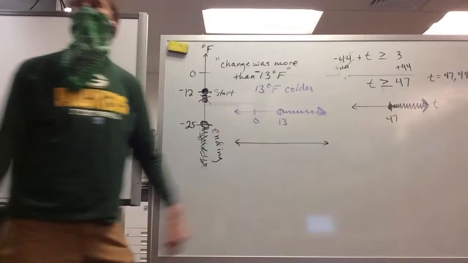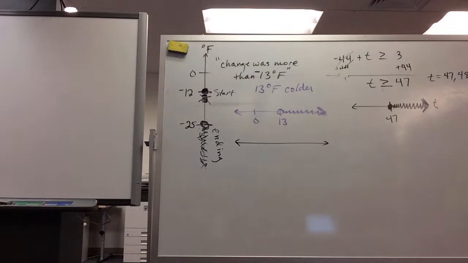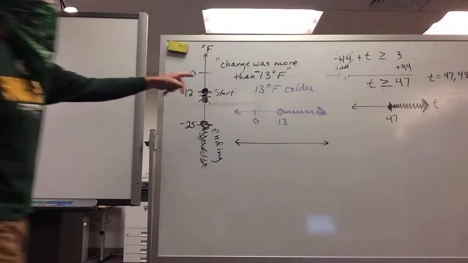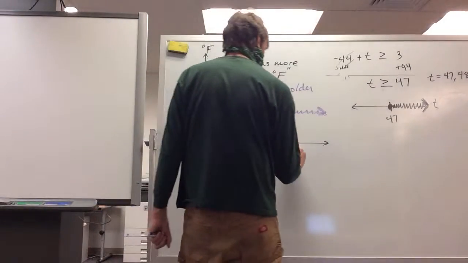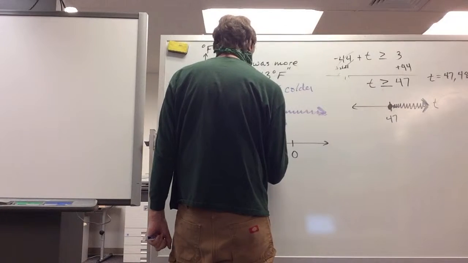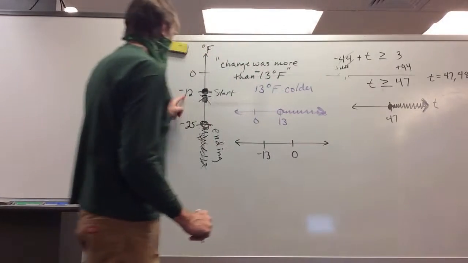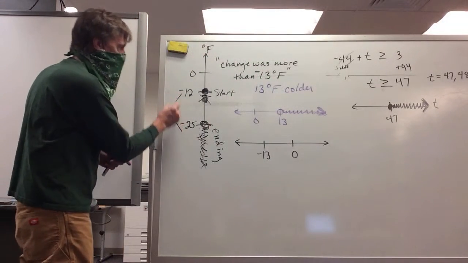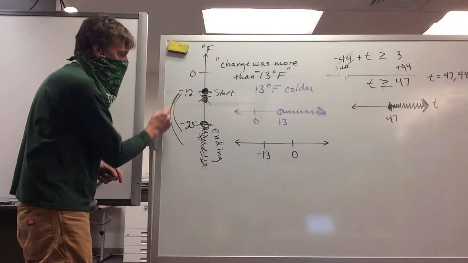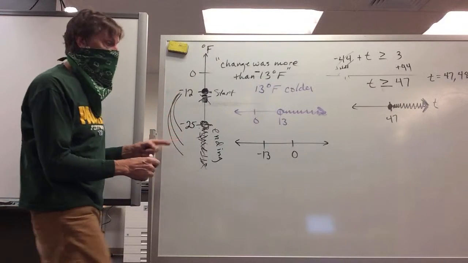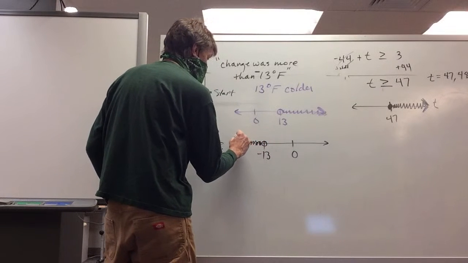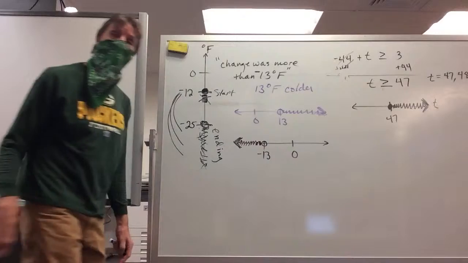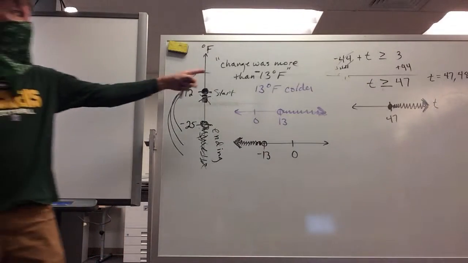Which I think the purple one is easier. This one, if it's more than -13, then it could have been -15, or -20, or -30 change. So then you would have to go this direction. So that one can go both directions depending upon how you word it.